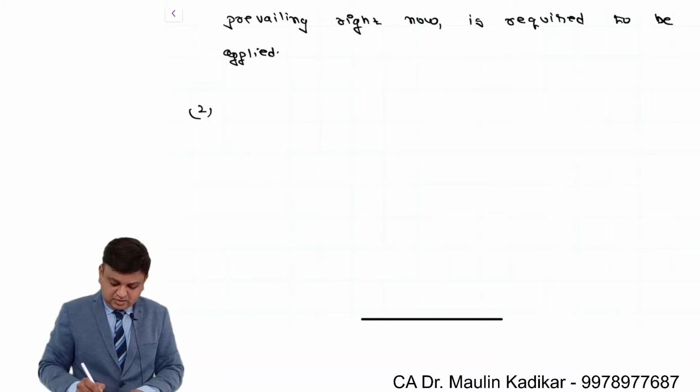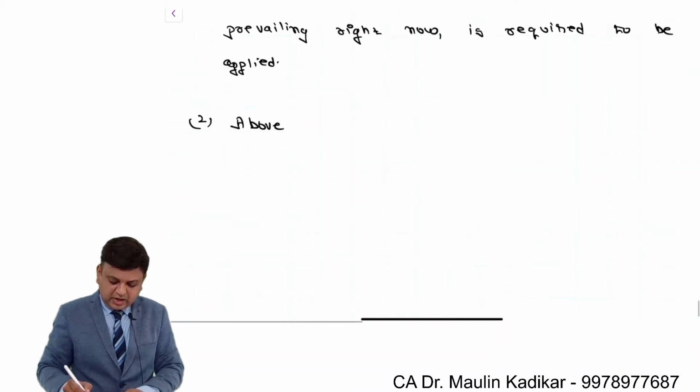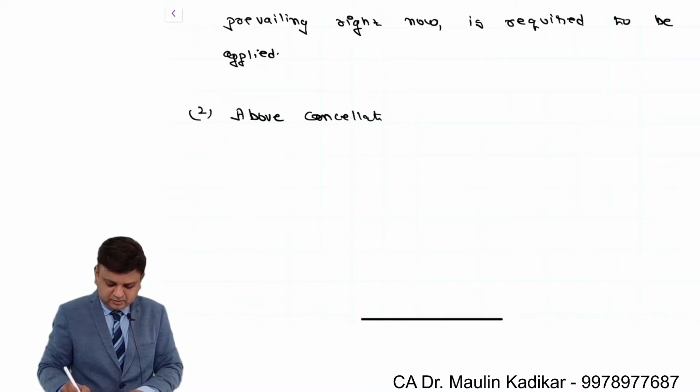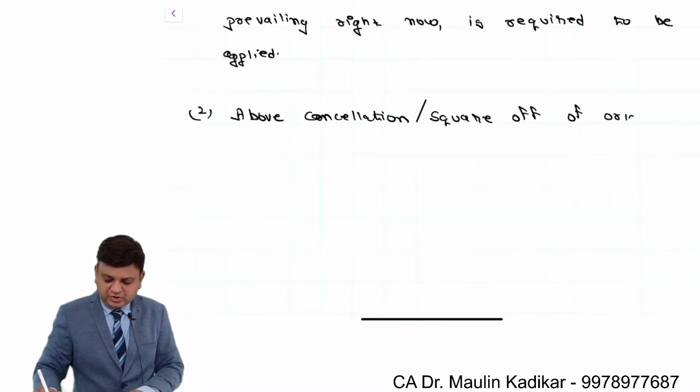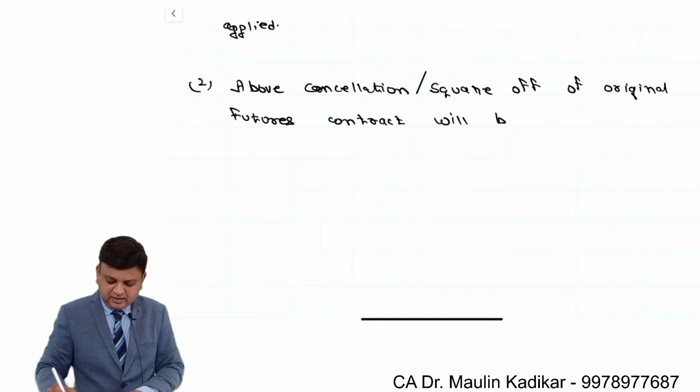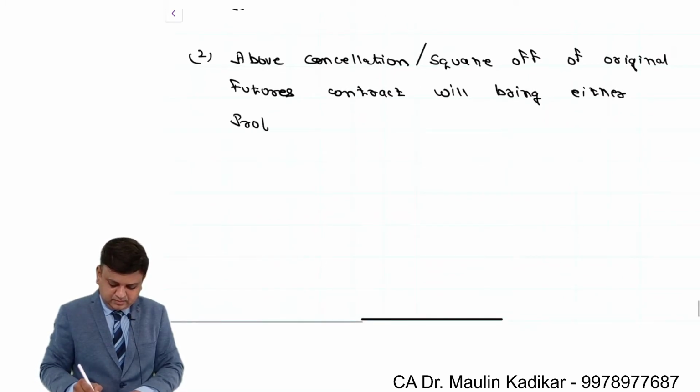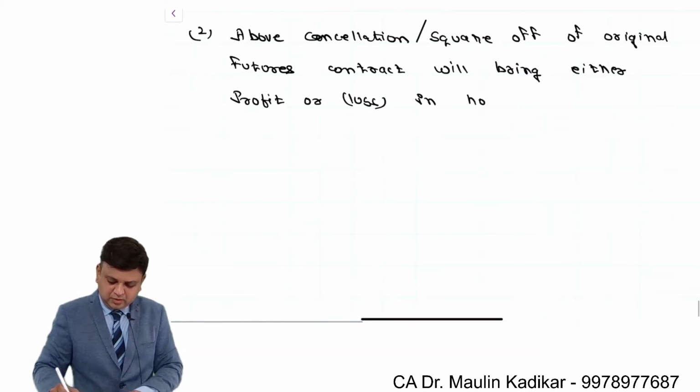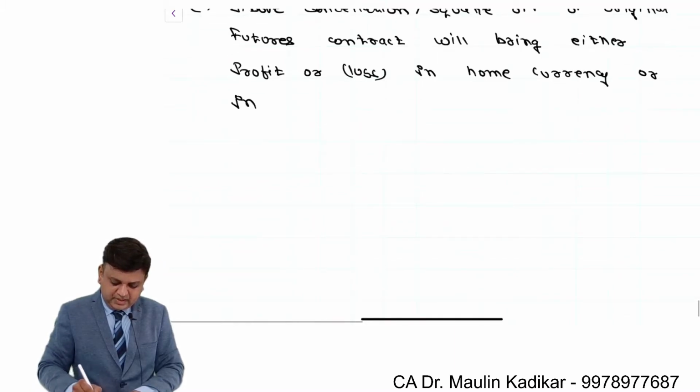Next, above cancellation/square off of original futures contract will bring either profit or loss in home currency or in foreign currency.